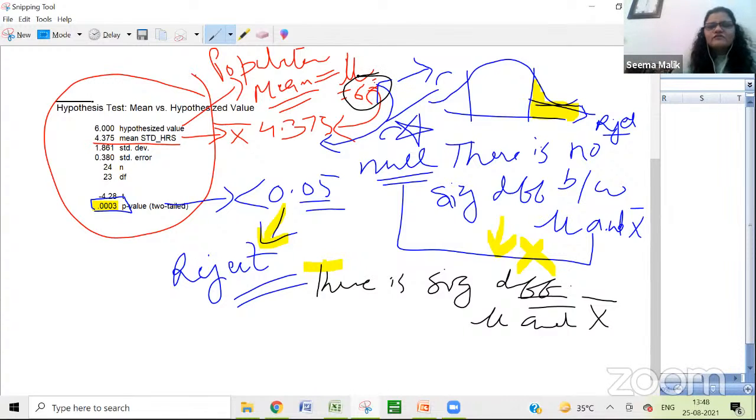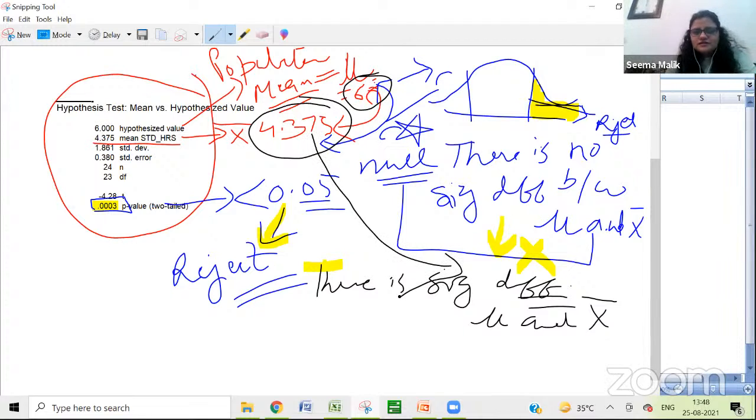It means on an average in India, students study for 6 hours. But in your sample, it comes to 4.35. And your results are showing there is a significant difference. It means the claim of the earlier researcher is not the same as what your study tells.